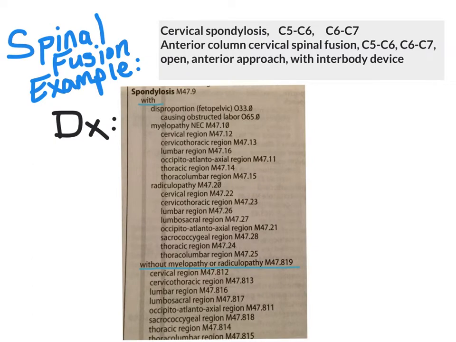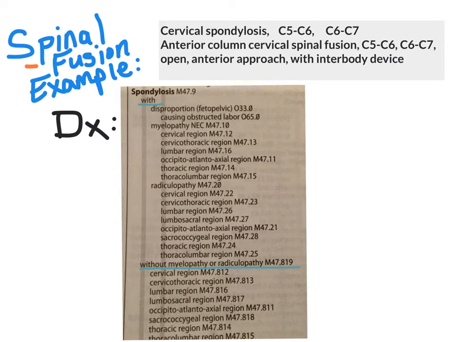Another procedure addressed in this chapter is spinal fusion. This is where 2 or more vertebrae are fused together to help address problems in the spine. So be sure to spend the appropriate amount of time reading through this section in the handbook because it gets pretty in-depth. But let's go ahead and code an example from exercise 23.4.